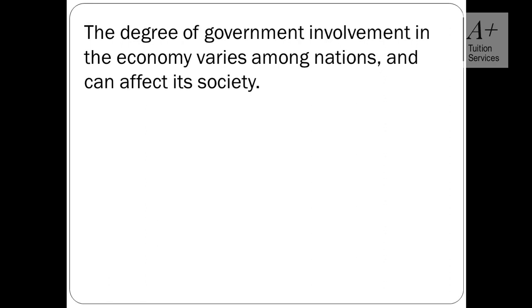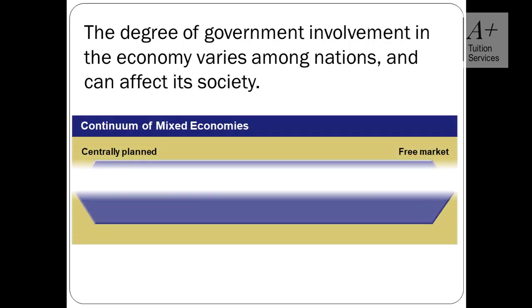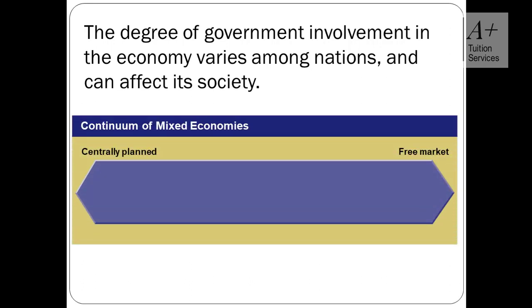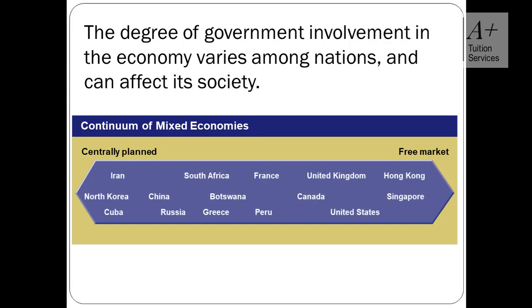The degree of government involvement in the economy varies among nations and can affect its society. This is the continuum of mixed economies. We have centrally planned economy and free market economy. We have centrally planned, such as Iran, North Korea, Cuba, China, Russia. On the extreme end, we have free market, and under these, we have Hong Kong, Singapore, United States, Canada, and United Kingdom.